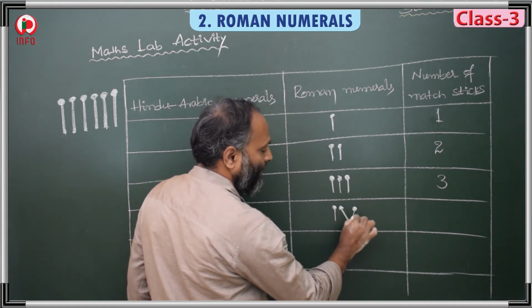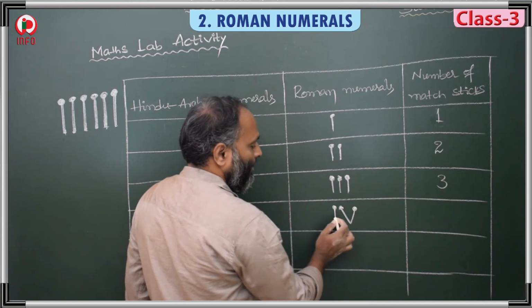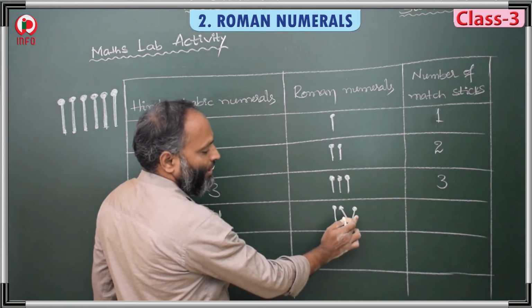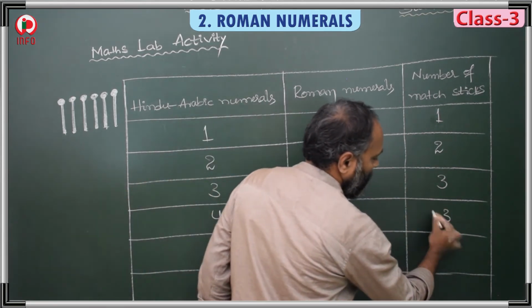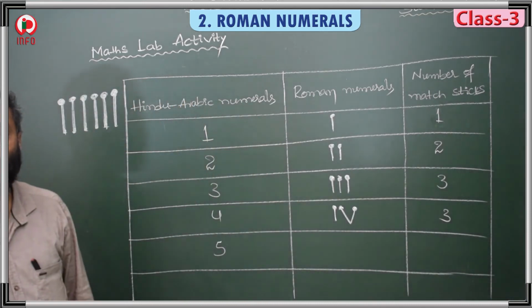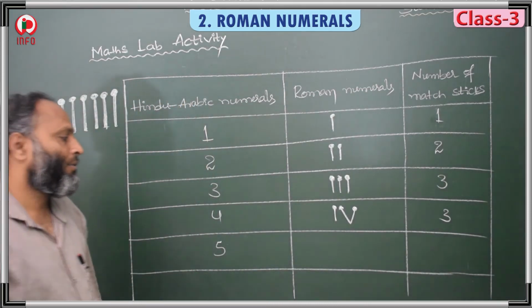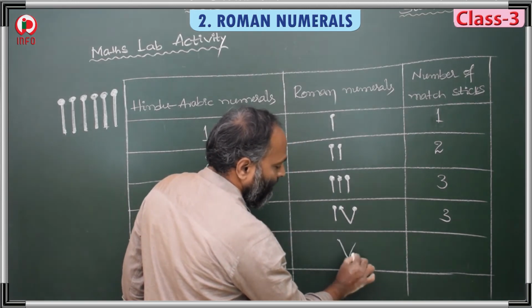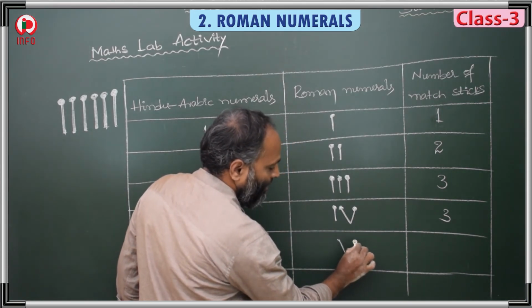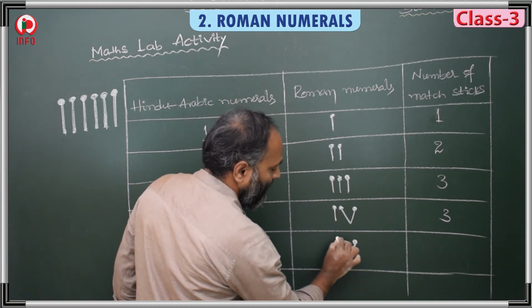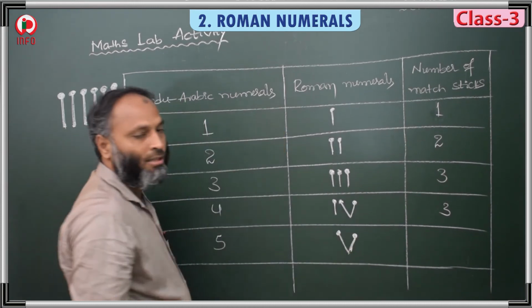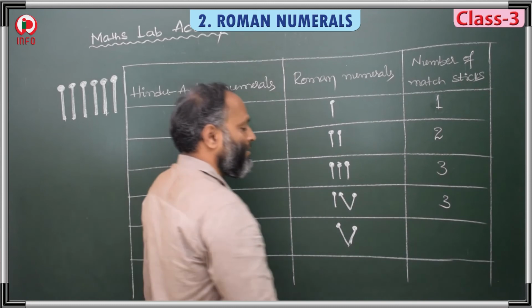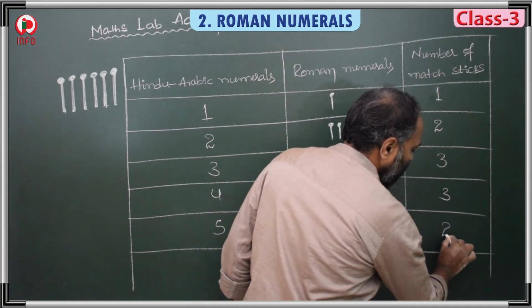In this way we have to keep 2 matchsticks. 1, 2, 3. 3 matchsticks we need. For 5, the representation is V. We keep 1 matchstick like this, another matchstick like this. This represents 5. Number of matchsticks required, 2.